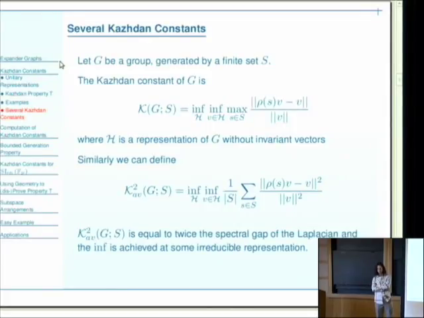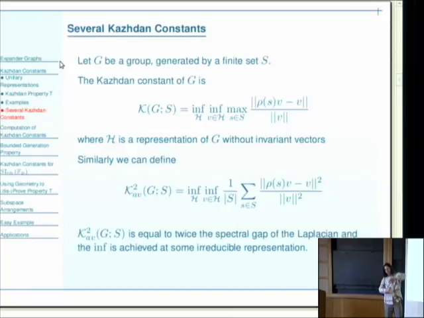And so then say we mod out by that. So we're looking at the subspace of vectors whose sum is 0. You have only one invariant vector, the constant one, and when you mod it out, you have a representation without invariant vectors, and you're looking at what's going on there.